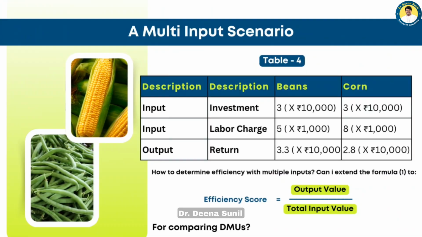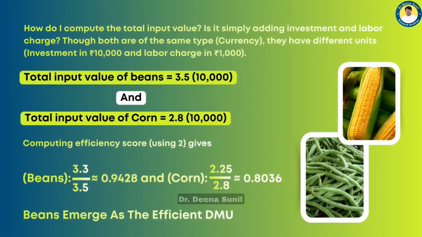Next, how to determine with multiple inputs? Can I extend formula 1? Now this is a very interesting question. Can I apply the same formula, efficiency score equals output value divided by input value, for comparing DMUs? Next, how do I compute the total input value?